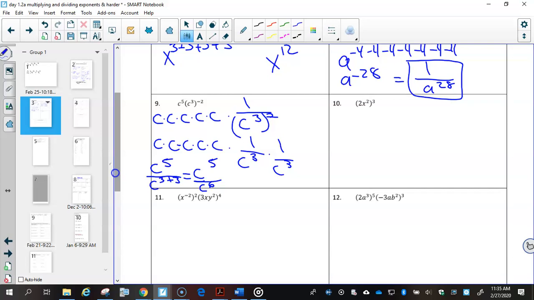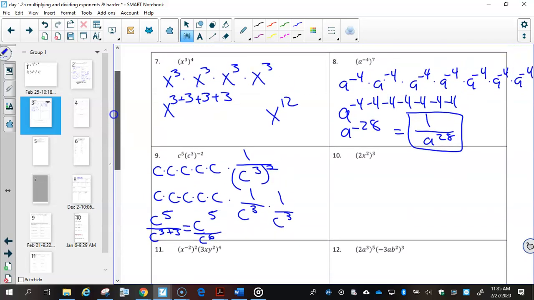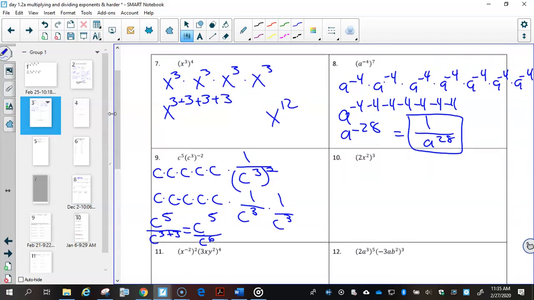Have we figured out what the rule might be? Is there any relationship between these numbers and this? Multiply them. If what? What if exponents are... No, because it's raising it to a power.